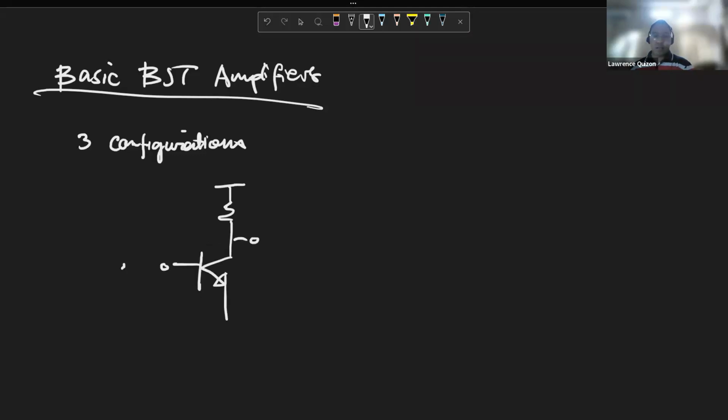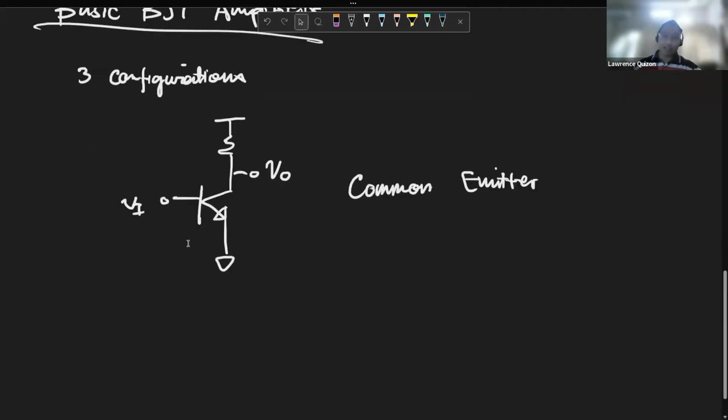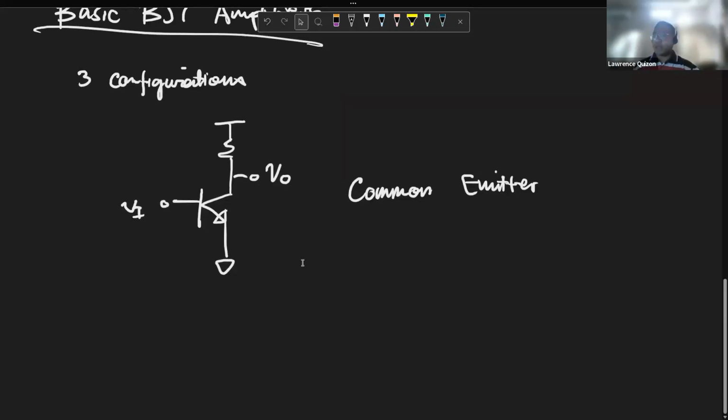It's called common emitter. So how do you know when the BJT configuration is common emitter? Well, when the ground is at the emitter, that's common emitter. That's really all it is. Why is it called common? Because the emitter is common to both the input and the output in this topology, essentially.